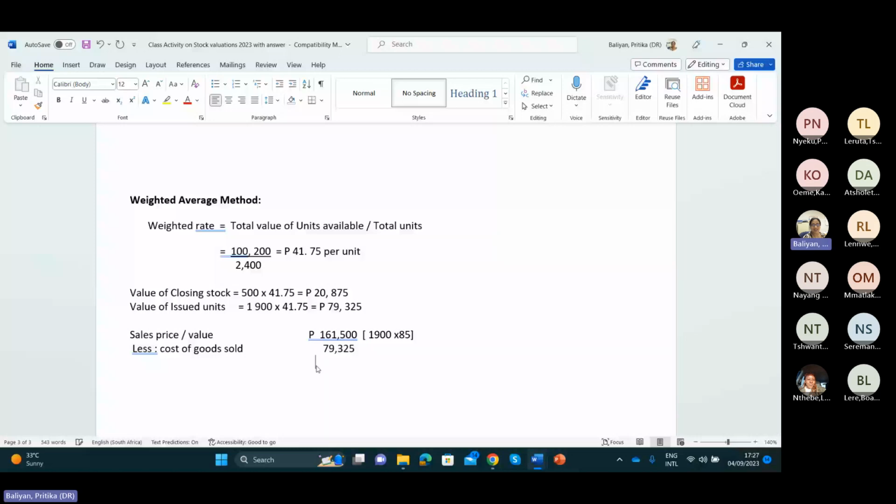I'm also checking. $82,000. Yeah, 82,175. Yeah, that is the amount of gross profit.